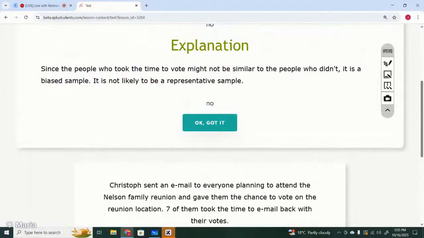Since the people who took the time to vote might not be similar to the people who did not, it is a biased sample. It is not likely to be a representative sample.